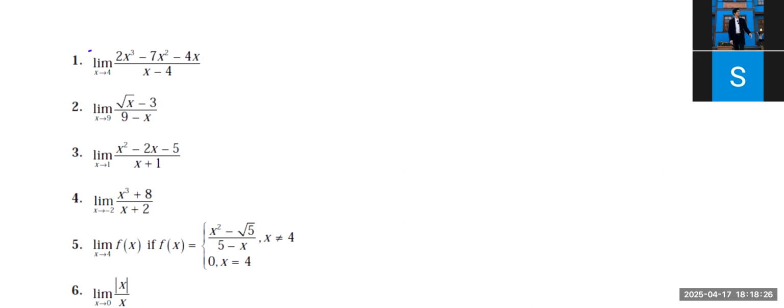Now, the method to solving most limit questions is going to rotate between three main techniques.